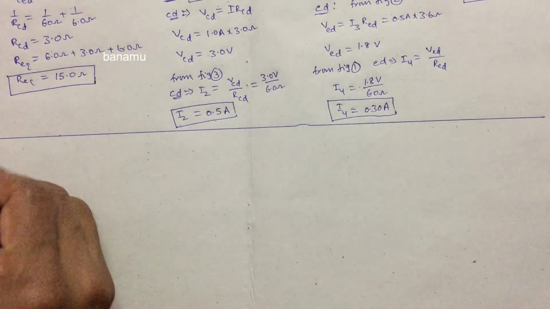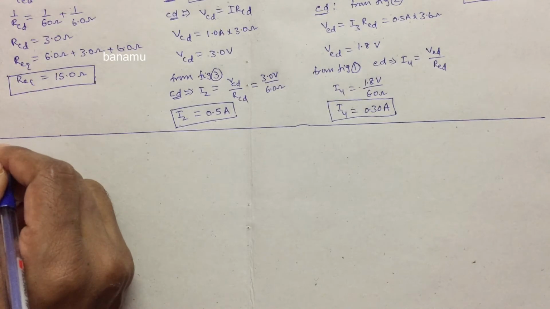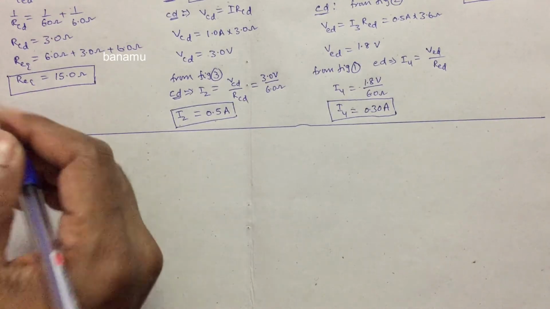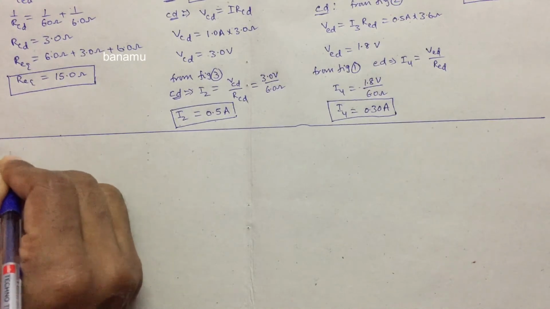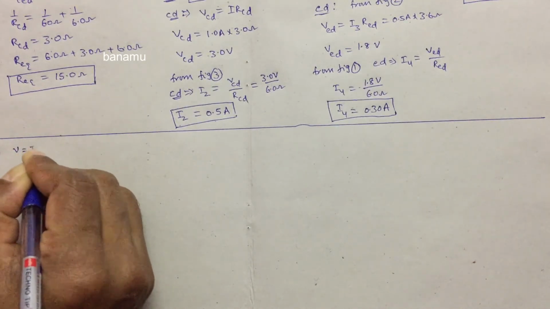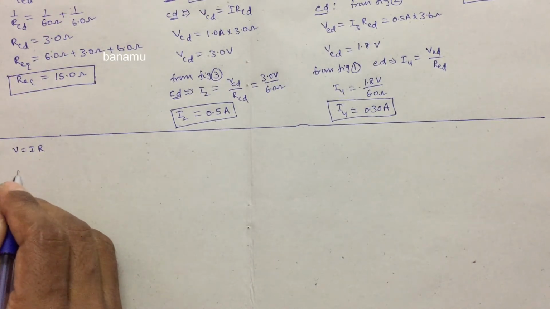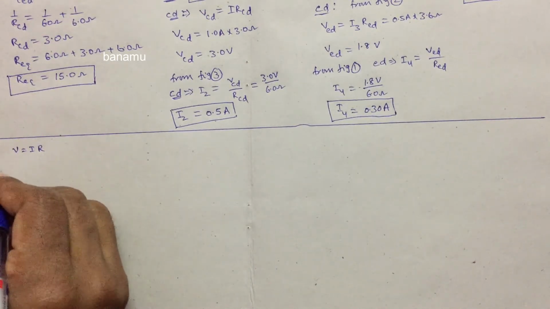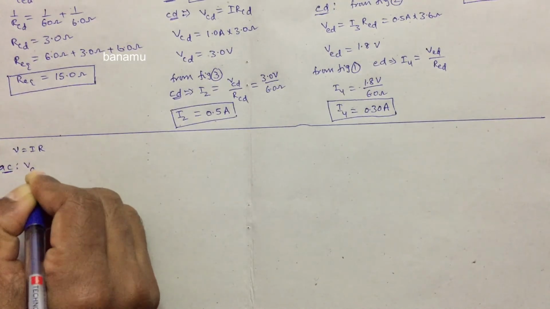And consider part C. The potential difference across a resistance is V equal to I into R. First of all, we can calculate the potential difference between the points AC, VAC.